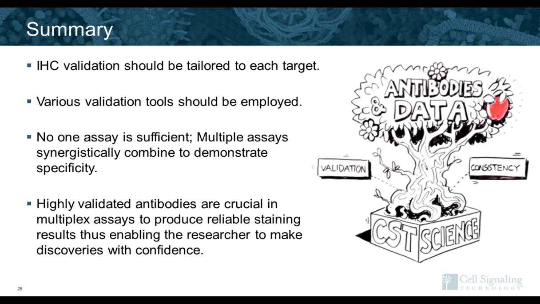As I mentioned in the previous question, there's a chance that you might be able to use the same primary antibody dilution that we recommend for chromogenic IHC, but more likely than not, because of the different sensitivities and signal intensities between chromogenic detection and the TSA-based detection with the OPAL kits, you'll likely have to use a different primary antibody dilution.